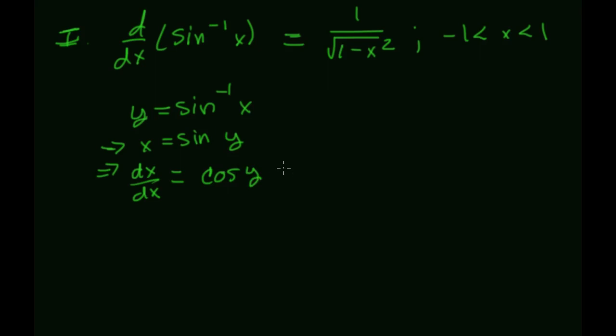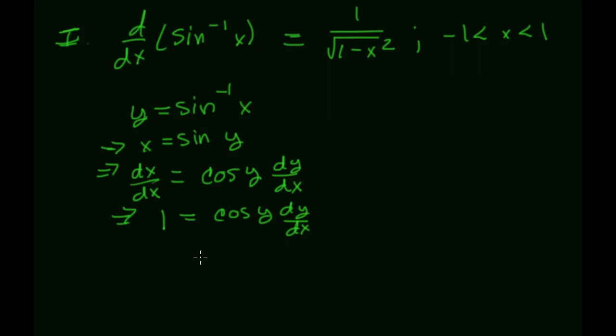And then the chain rule says that I have to have dy dx here. So interesting note, this is 1 equals the cosine of y dy dx, right? All right, so that works.